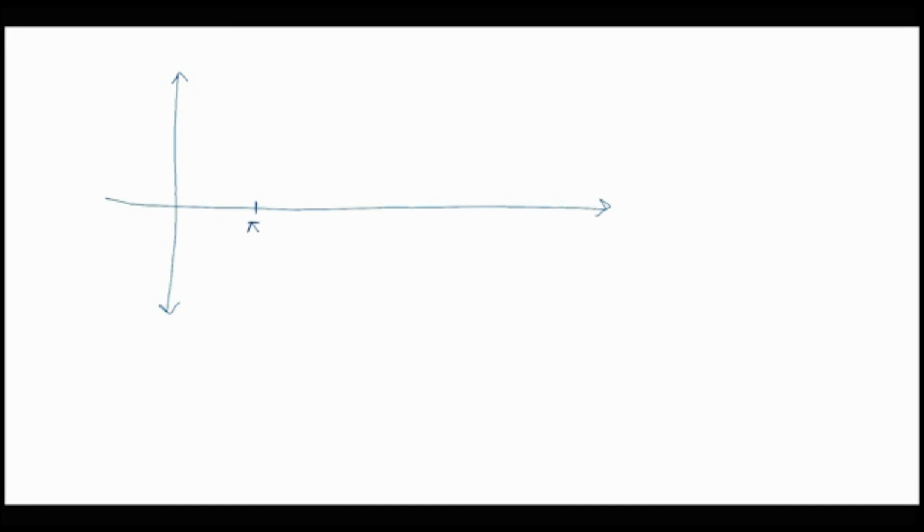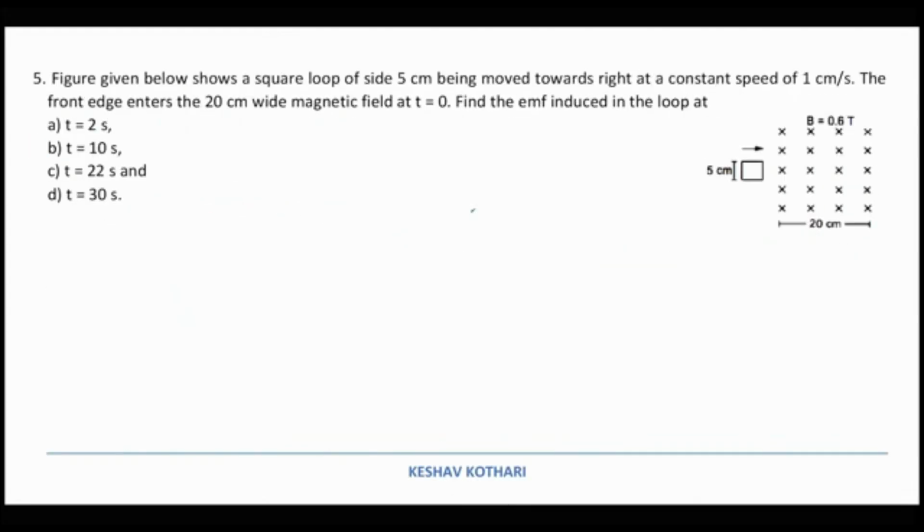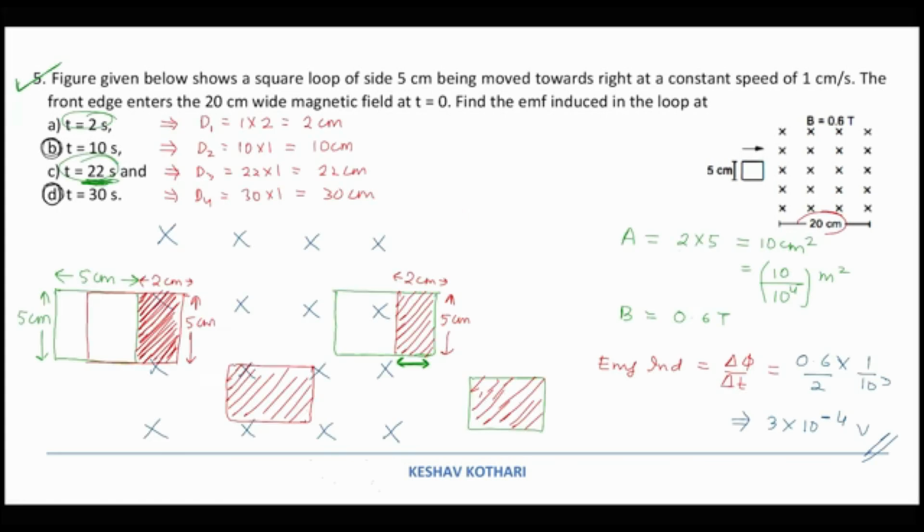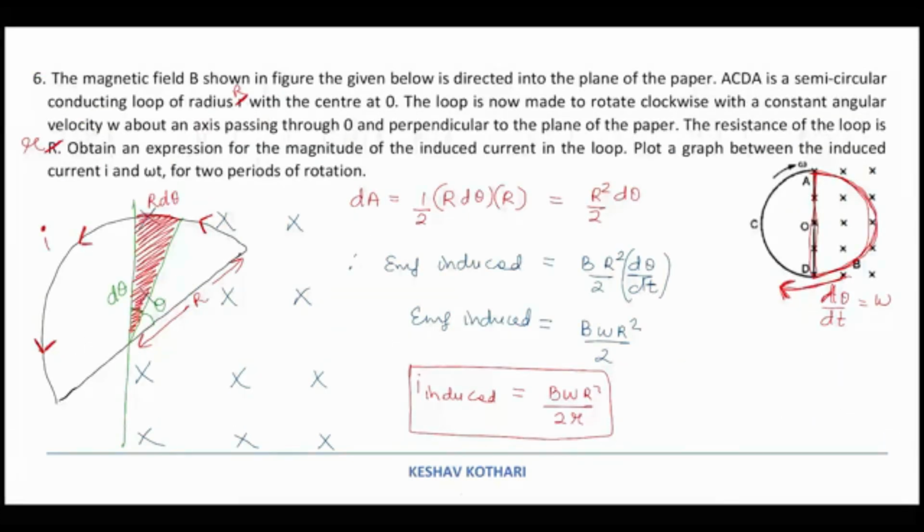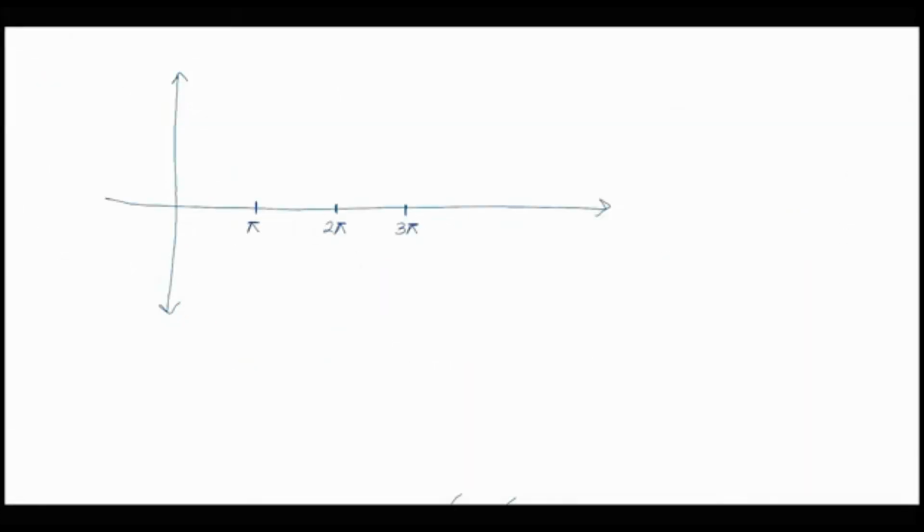the value is positive. For another pi, that is till 2 pi, the value is negative. For another pi, the value is positive, and then for another pi, the value will change again.